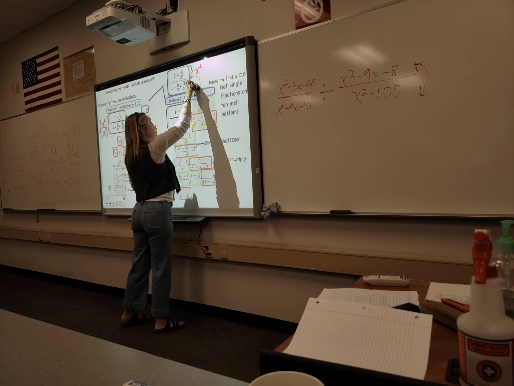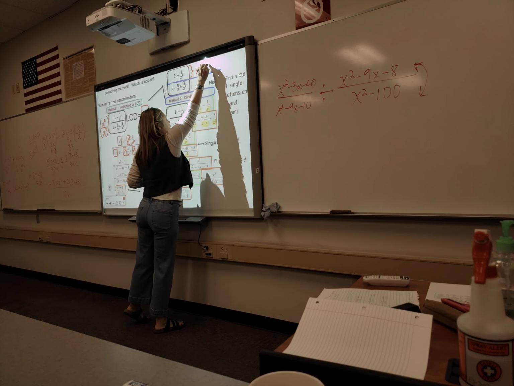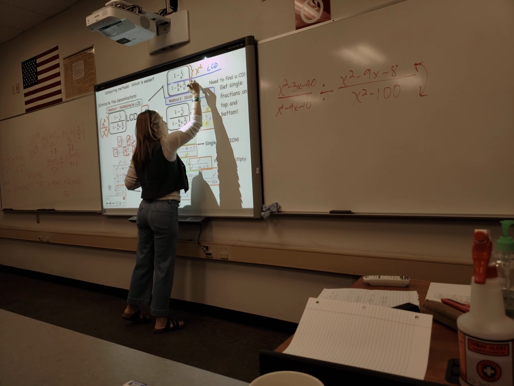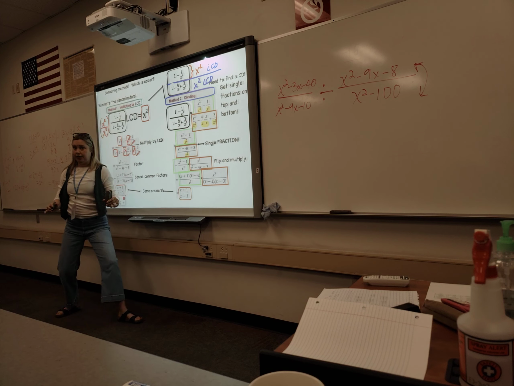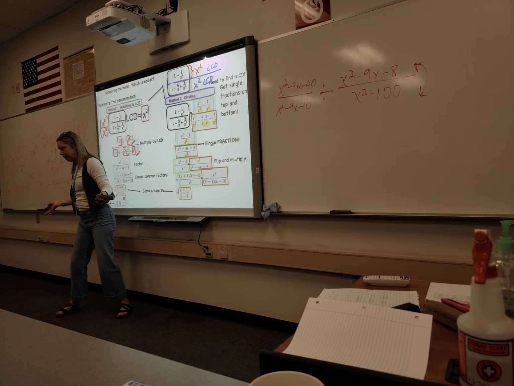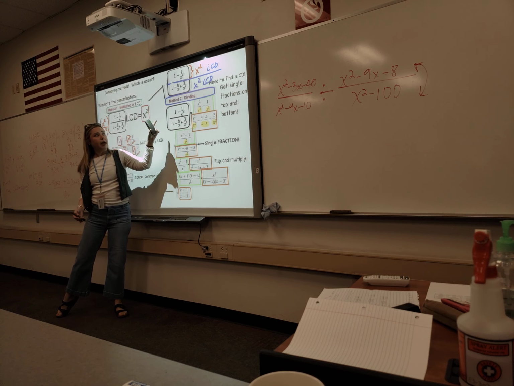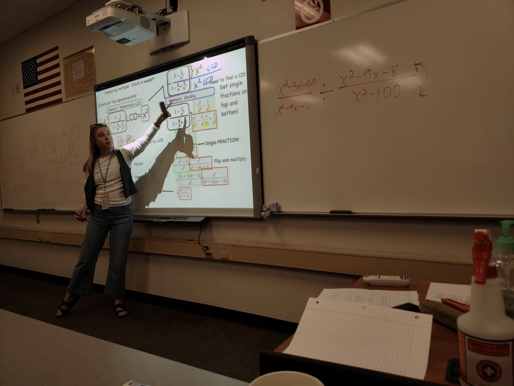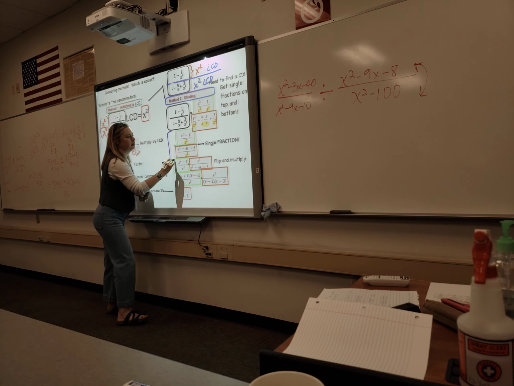Let me just do that. What's the LCD up top and what's the LCD down below? They happen to be the same thing, but they don't always have to be. We find the LCD up top, combine those fractions, then find the LCD down below, combine those fractions, and it looks like this.